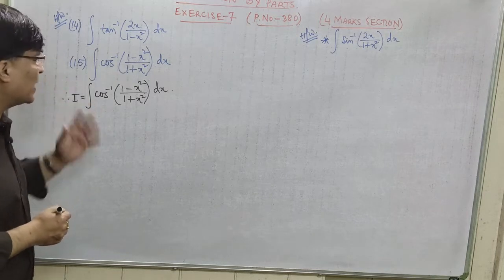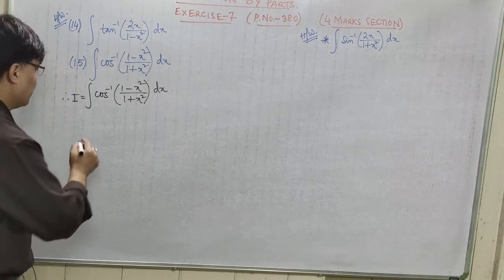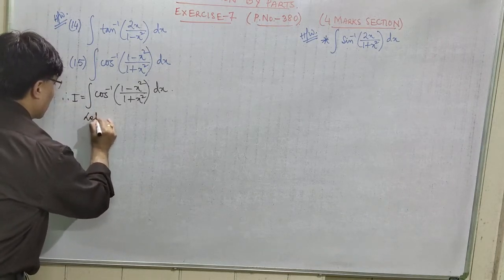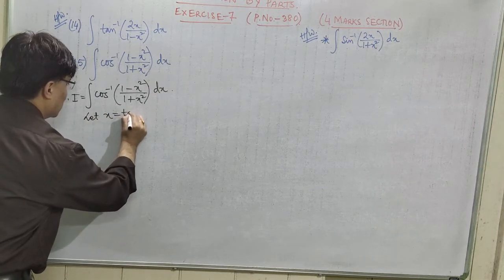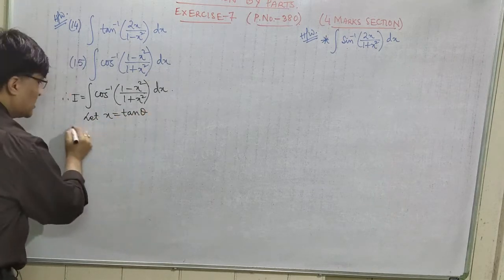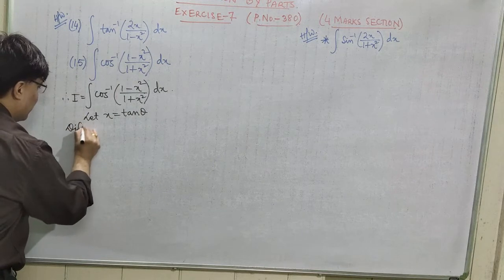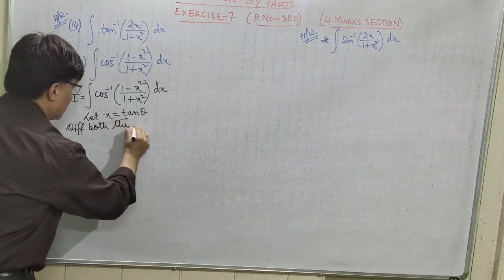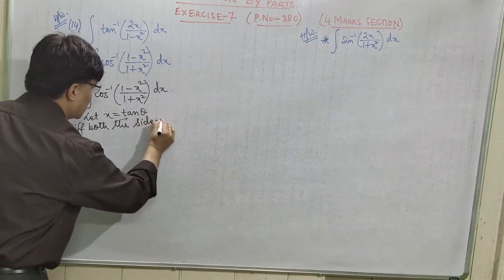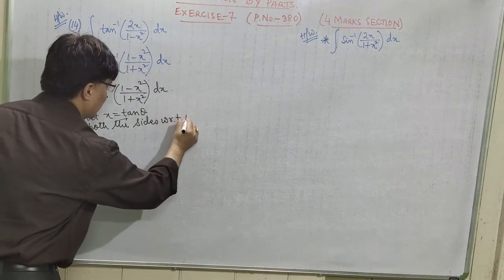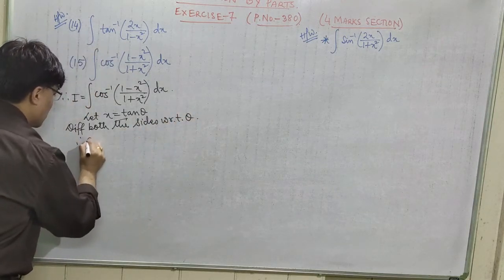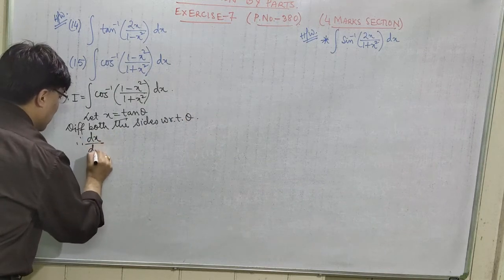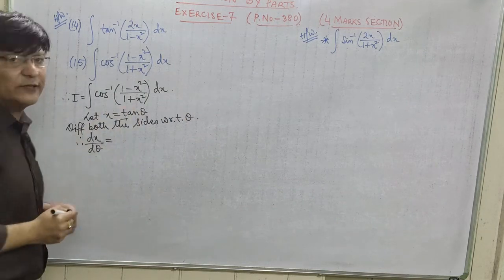Let x is equal to tan theta. So let us differentiate it, differentiating both the sides with respect to theta.